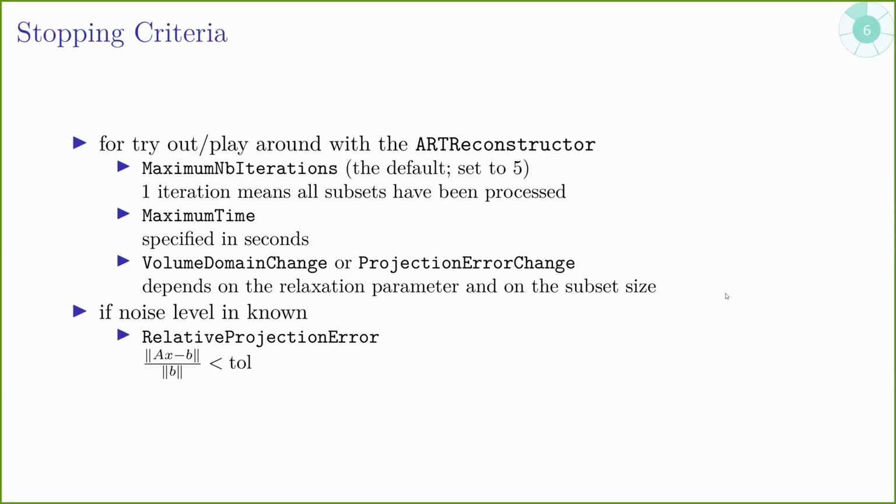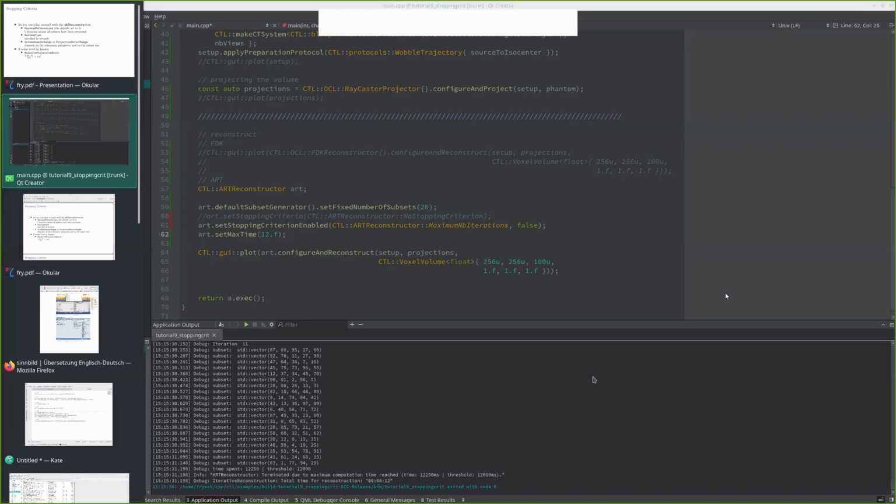So what is more sophisticated, for example, is if you already know that you have a certain noise level in your data, then you could use this information and say, okay, I know that typically I have, for example, a noise level of 5% in the projection data. Then I set my threshold to, let's say, 6%. And when it's below it, then I know it cannot go much better. If you are lucky and know this information, you can use it in this case.